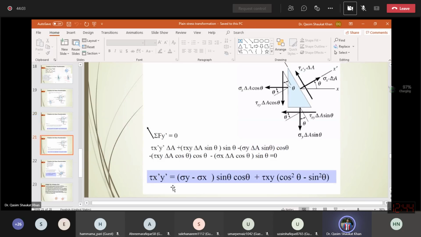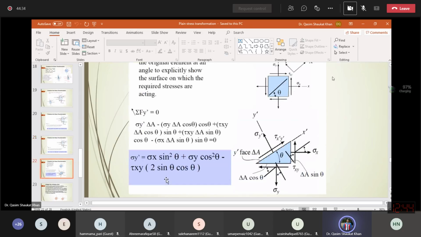Similarly, you can see here for the transformed shear stress tau x dash y dash, I just need sigma y, sigma x, theta, and tau xy, and I can calculate the transformed shear stress. So your transformed normal and shear stresses are functions of the normal stresses sigma x, sigma y and tau xy.